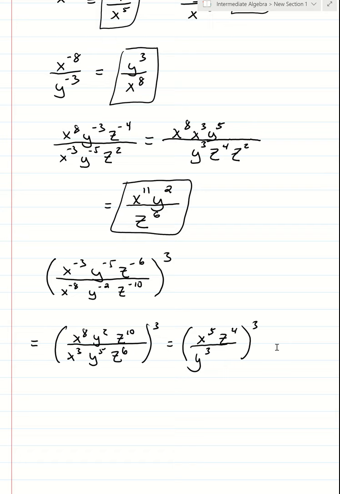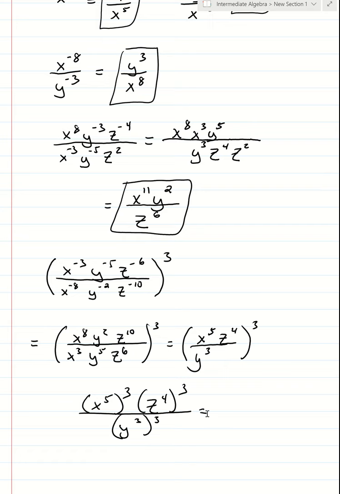So, the last thing I'm going to have to do is distribute the outer exponent of 3 on all the bases that are inside. So that would give me x to the 5th cubed, z to the fourth cubed, and of course y cubed cubed.